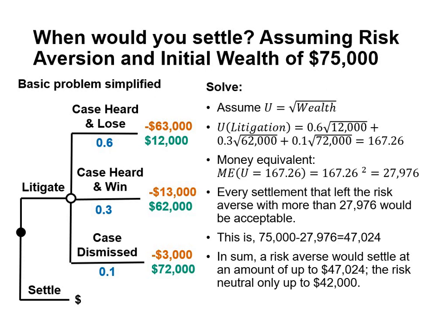So to make a long story short, a risk averse individual typically has a lower money equivalent from any kind of a gamble where you can lose or win with certain probabilities than a risk neutral person.